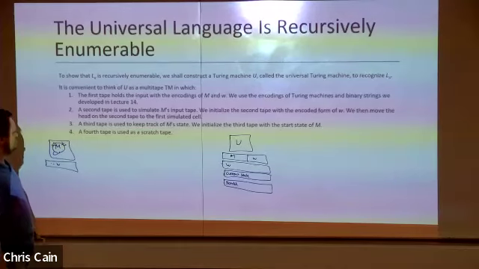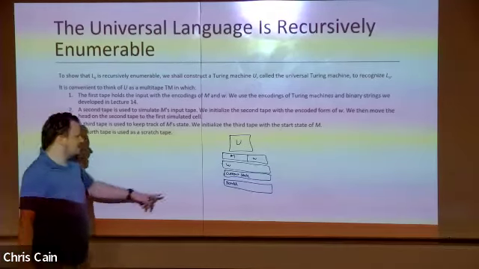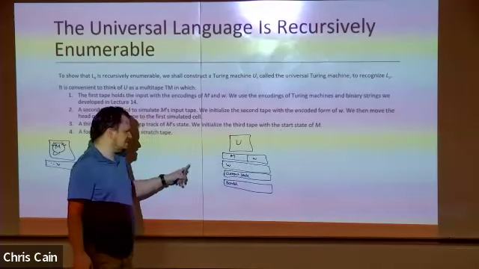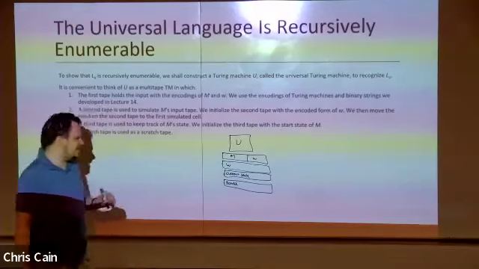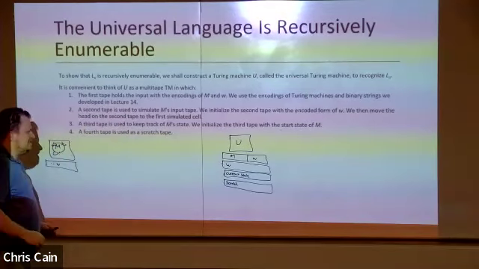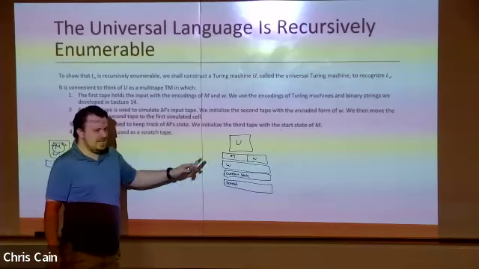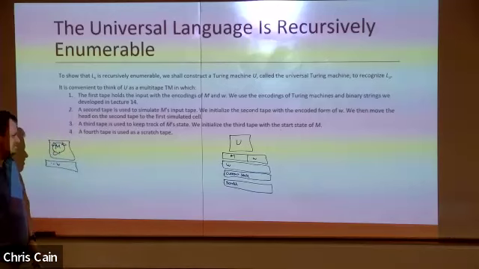Because we want to be able to show for any one of these, we want to come up with an enumeration procedure. So this is how we're going to set up the Turing machine that is going to generate and work on this. Because the idea is that with this M and W, there are plenty of binary strings here that don't map to a Turing machine and a string.